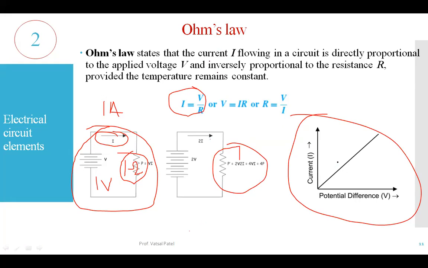So you can identify the value of resistance from this slope also, right? Whatever the value of voltage and current you have, from that slope you can identify the value of resistance. And this shows the resistance value you are going to consider over here, as per the temperature, which is constant.